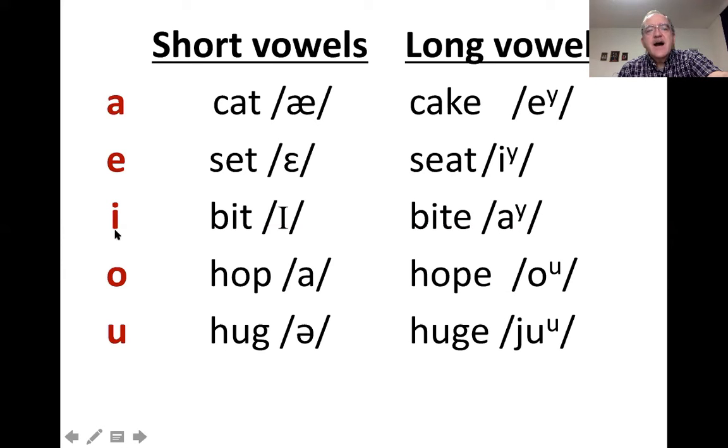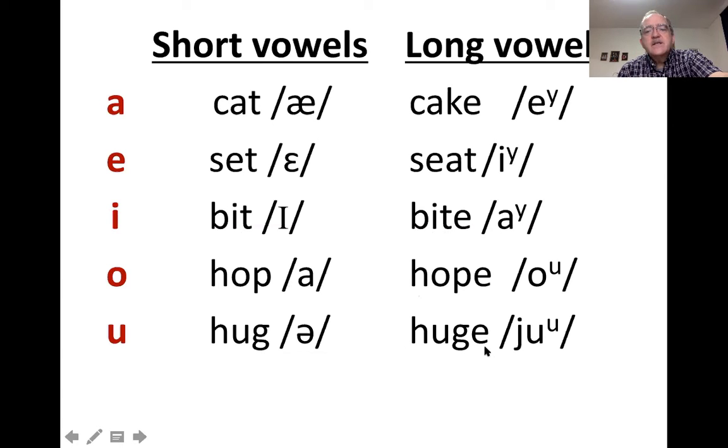Next is our I. The short is I, bit. The long is I, bite. Notice we have a little Y on the back, E. O, the short is ah, hop. The long is O, hope. That's a moving sound, your lips move. The U, the short is hug.